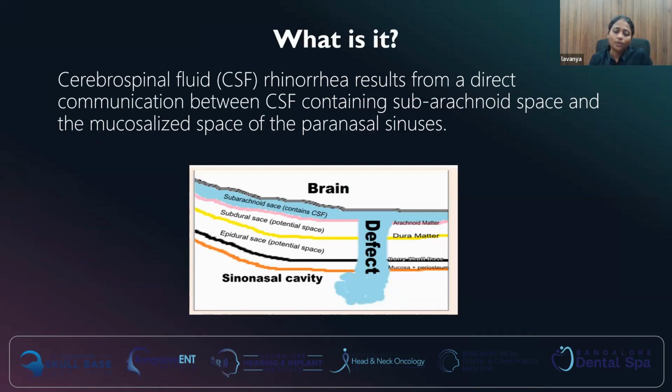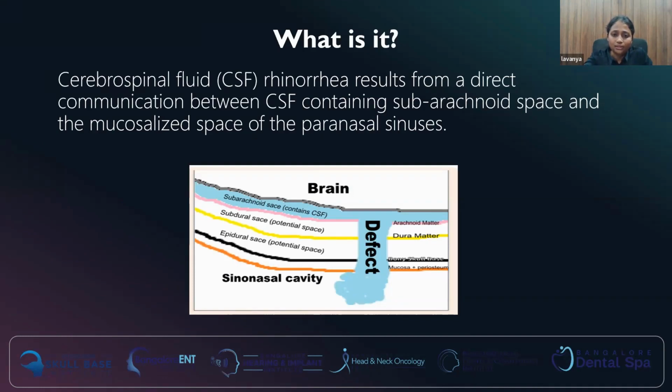Okay. So we'll begin with what is CSF Rhinorrhea. CSF Rhinorrhea is CSF fluid that results from a direct communication between the CSF containing subarachnoid space and the mucosalized space of the paranasal sinuses.